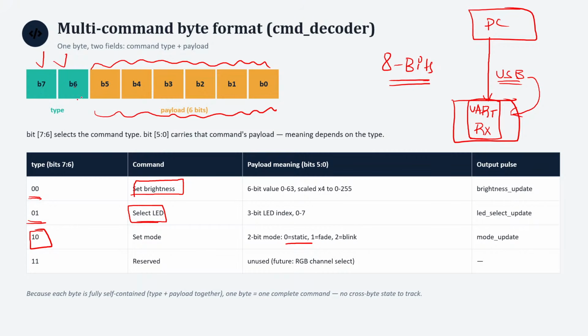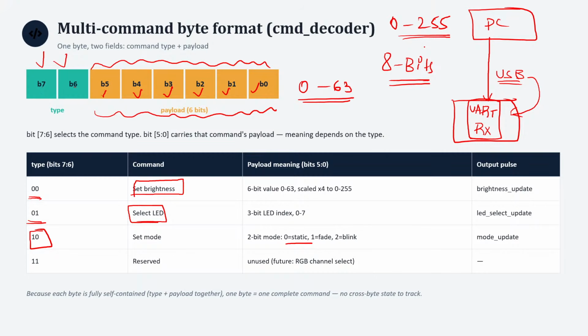If you have only 6 bits of data, 1, 2, 3, 4, 5, 6 bits, you can represent from 0 to 63 only. But if you want to represent brightness values from 0 to 255, normally the pixel values will be from 0 to 255, right? That's the reason they have written 0 to 255, but you cannot represent up to 255 because you have only 6 bits of data with you.